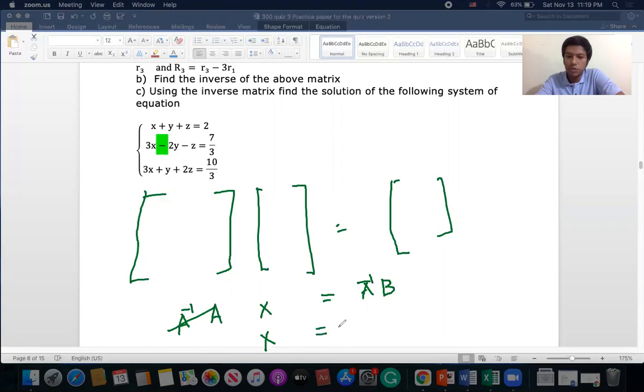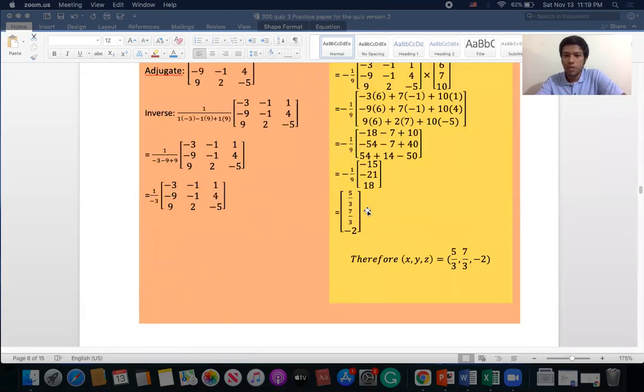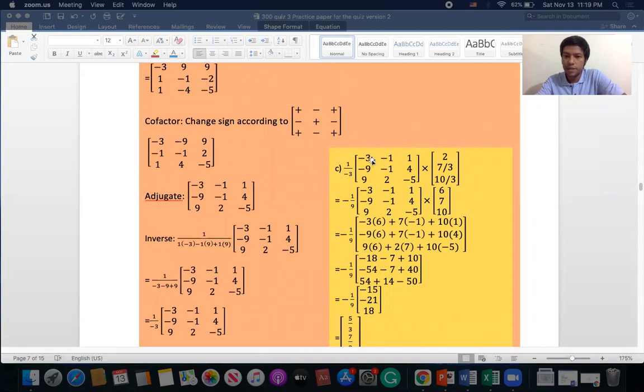That means x equals to a inverse multiplied by b. Now you get the point. This is the b, and a inverse means the inverse of this thing. So that is why, to find the variable, we multiply by a inverse and b. This is the a inverse, and this is the b in our equation.